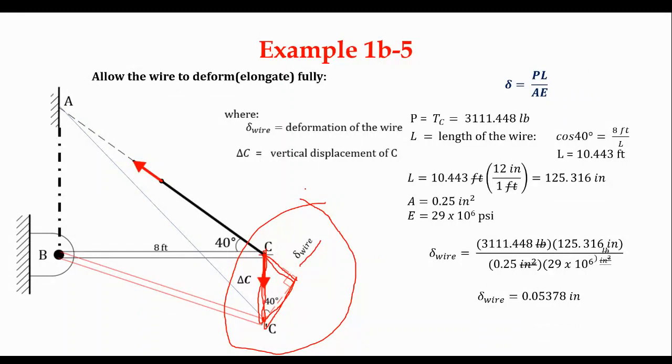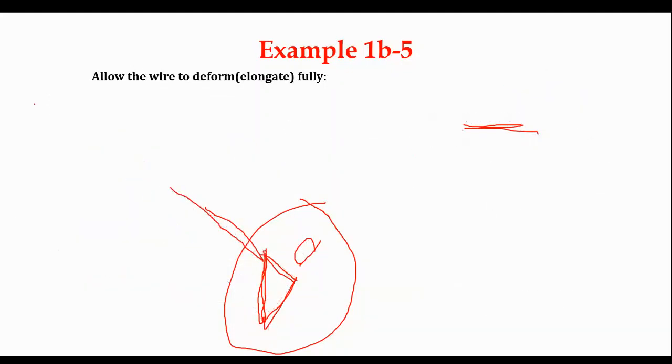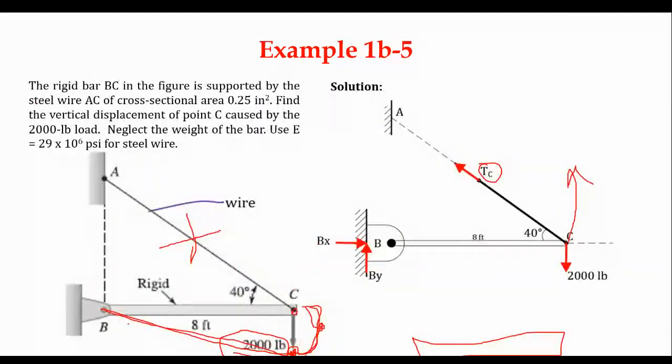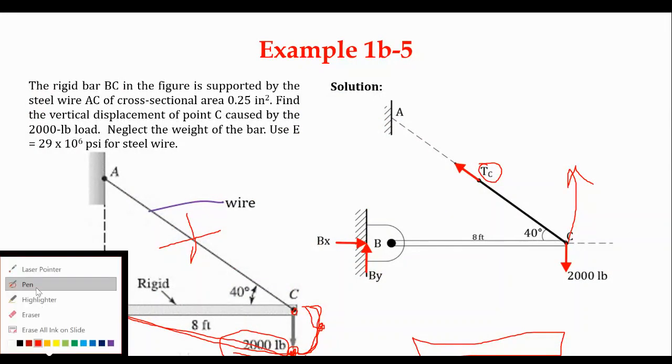First, let's solve the deformation of the wire, since we already have the force in the wire, which is just equal to the tension, because it is responsible for elongating the wire. How about the length of the wire? The original problem did not give its length.